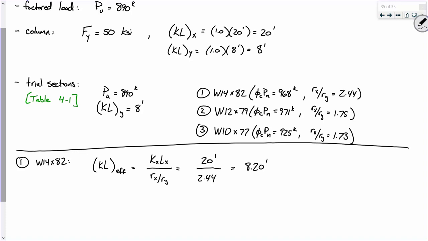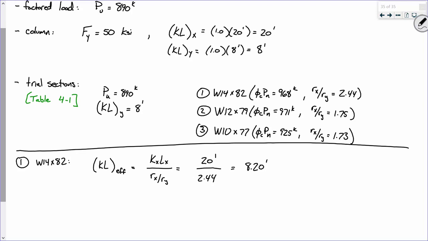Now, what we can do just conceptually is compare this to KLY. This KL effective is 8.2 feet, KLY is 8 feet. So by looking at this and KLY, we can compare apples to apples. And what this tells us is that for this column, since this value is larger than 8 feet, the strong axis in fact governs this column.